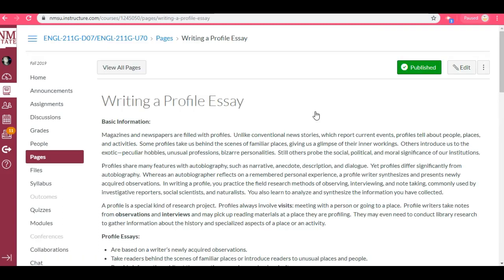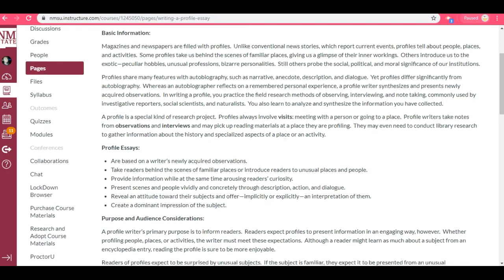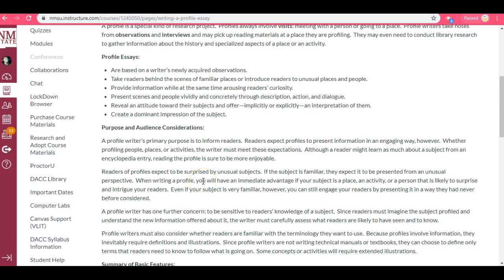Basically what I do here is provide some basic information, and I also talk about the purpose of a profile essay. One of the things you want to keep in mind when you're writing your profile is the audience. You don't want to assume that your audience already knows what you're talking about, but you also don't want to assume that they don't know anything about the place.